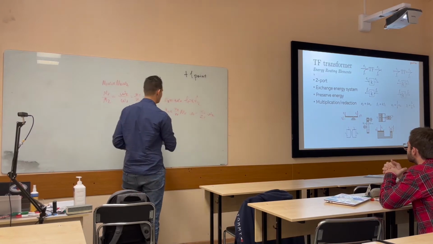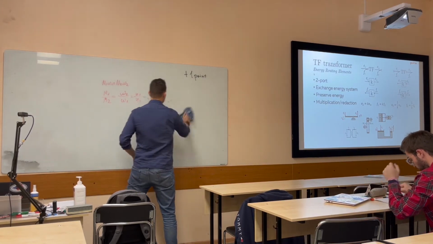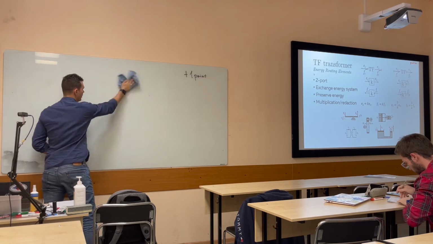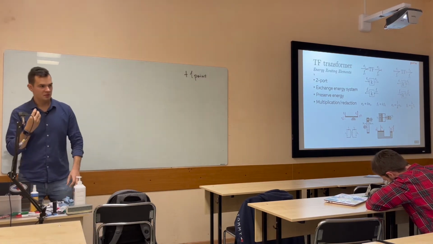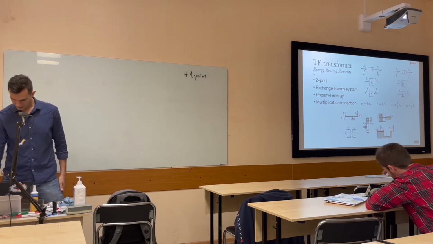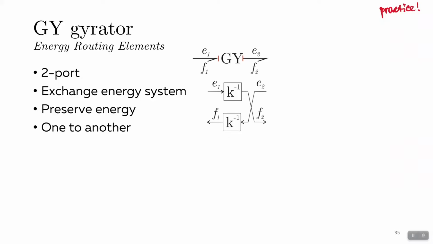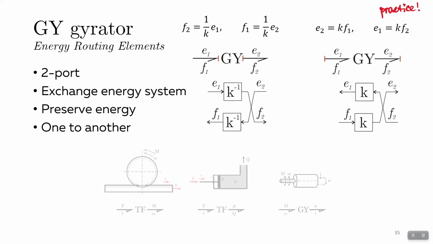All right, let us just continue. I believe that you are now able to feel the intuition. Another component here is the gyrator. A gyrator is something that allows you to transform energy from one domain into another domain.